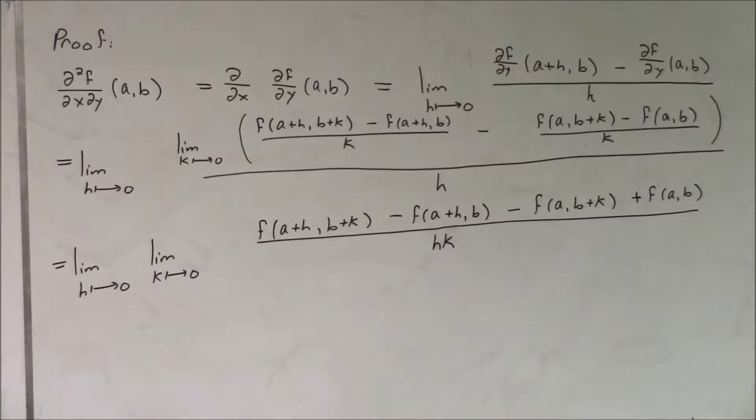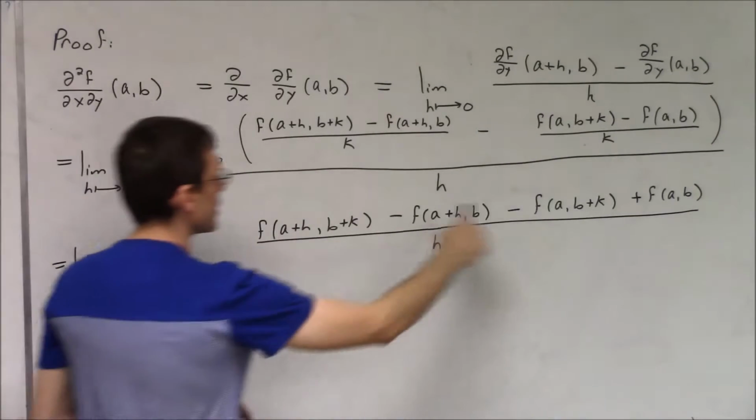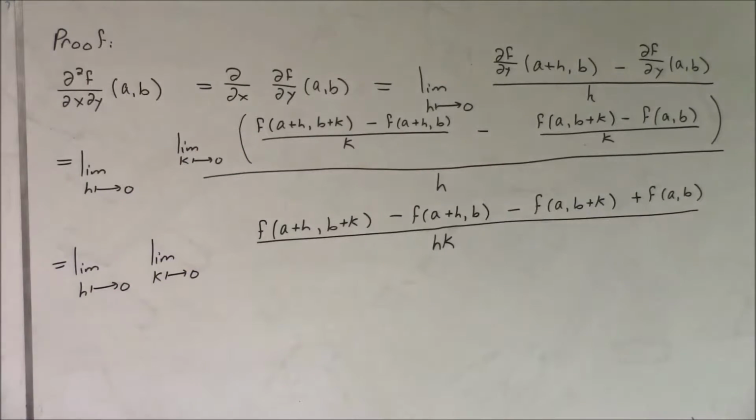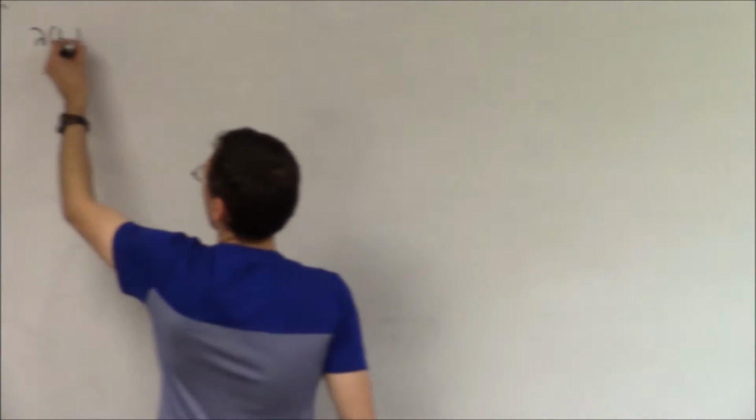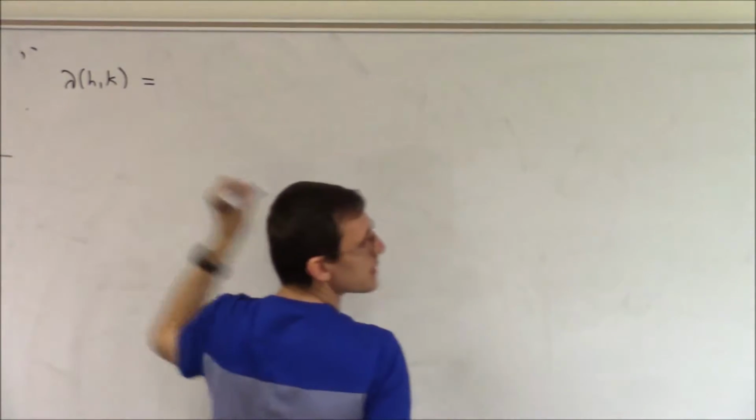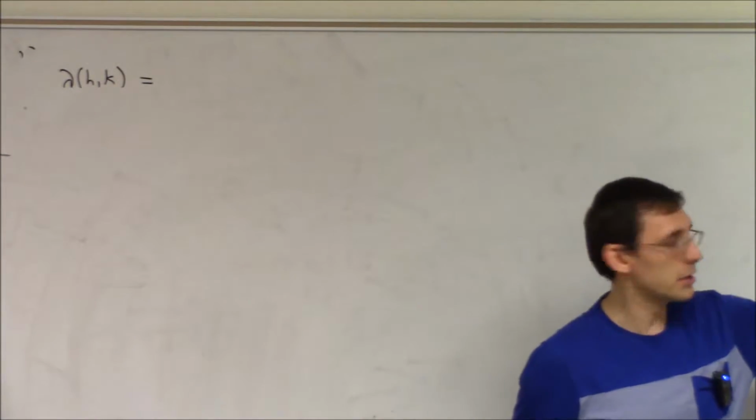It's very ugly to write this entire thing, so I'm going to call it by a name. I'm going to say lambda of (h, k) is that thing in the numerator.